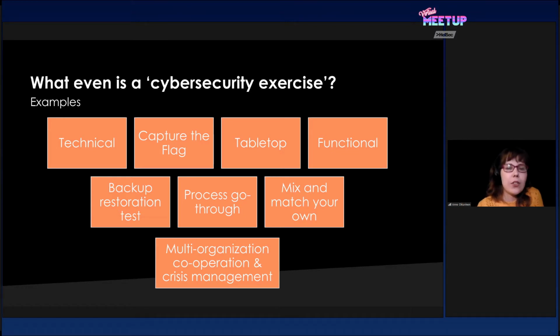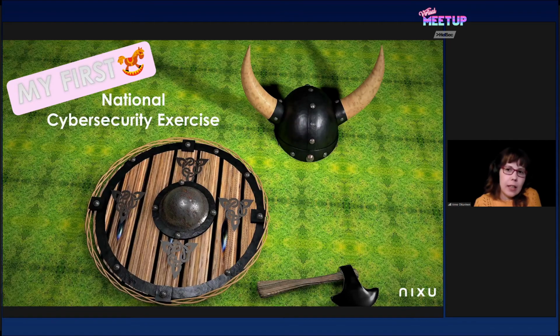In fact, my first exercise was a national cybersecurity exercise in 2013. It was a technical co-op exercise, and the purpose of it was to practice interoperability between government officials and some other stakeholders.